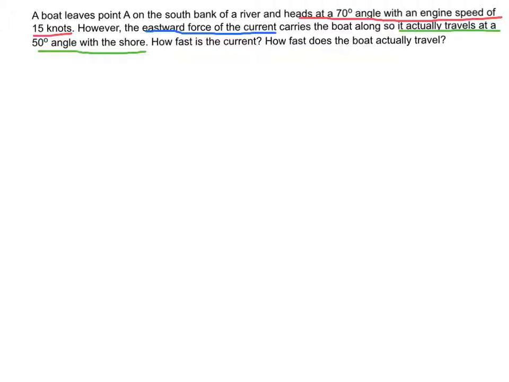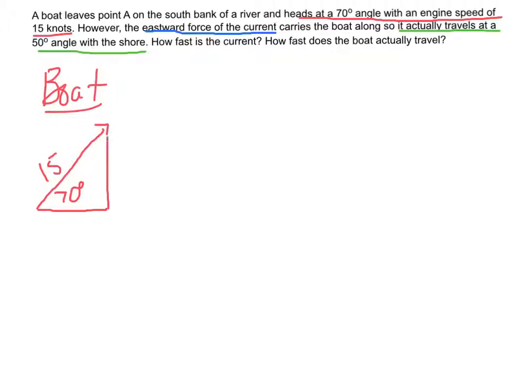We have a 70-degree angle at 15 knots, so our boat vector is going to look something like this. 70 degrees, and it's 15 knots. And so we're going to figure out the x and y components of the boat vector.